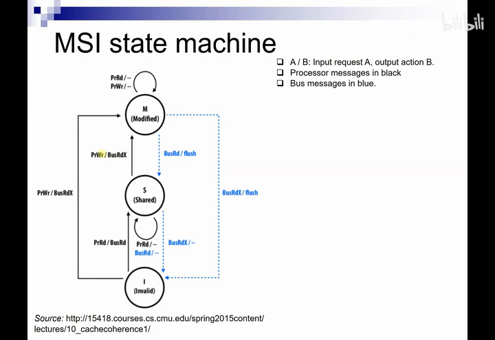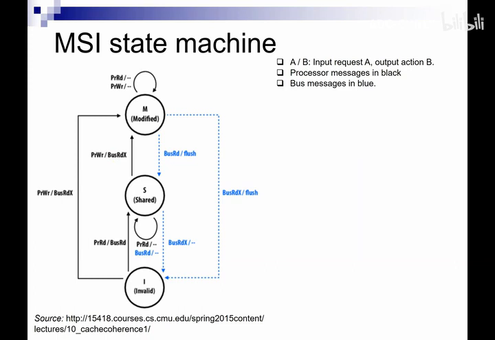What this is representing is that the first part is an input request, which is basically something that a processor wants to do. And the second part is the consequence of that input. It's something which happens as a result of that input.